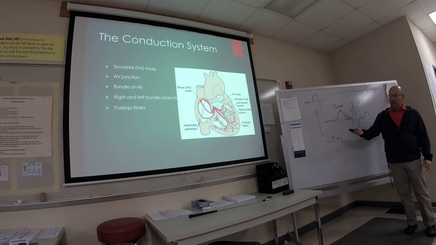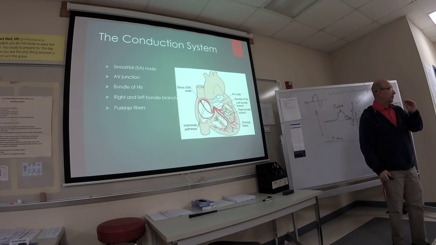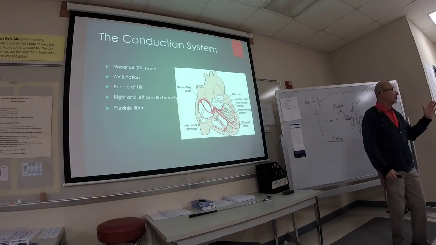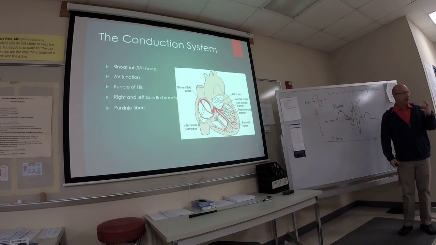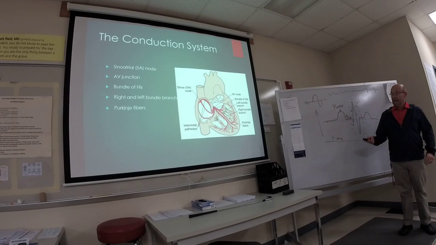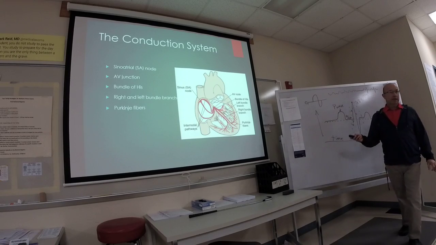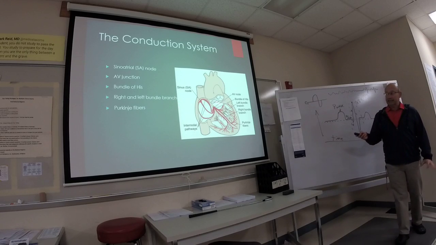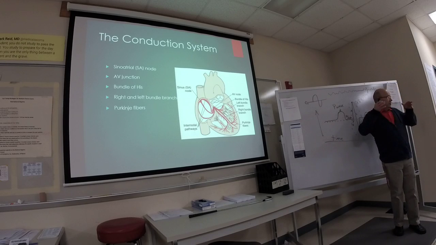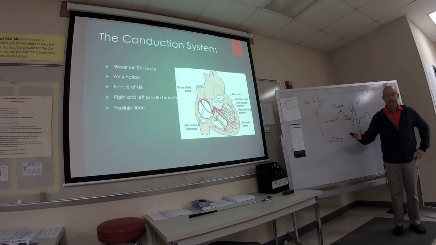In color, you can pick these out if you dissect the heart, because they're a different color, not like blue or purple, but a bland, pale color. They don't contract. They're just conducting cells. The way I like to look at this initially is that they're conducting wires.